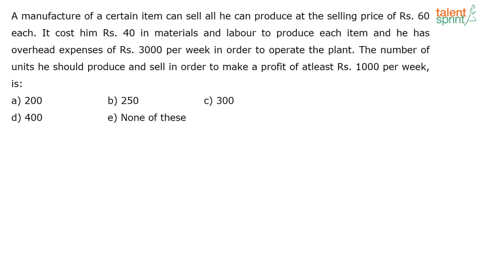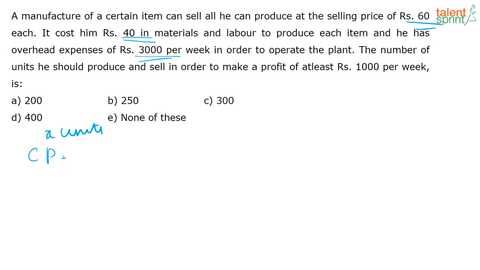So how do we solve this? See, a manufacturer of a certain item can sell all he produces. Selling price is 60 rupees. Okay. Now it is costing him 40 rupees in the materials and the labor, and every week he has to pay 3000 rupees as overhead expenses. So what is his total cost price? That is, what does it cost him in total? Let us assume that he is producing X units every week.